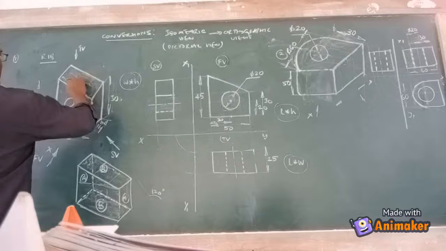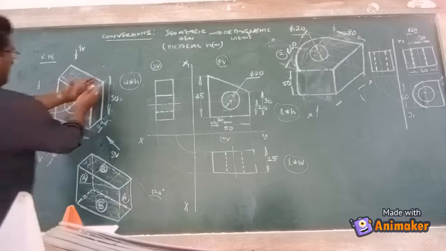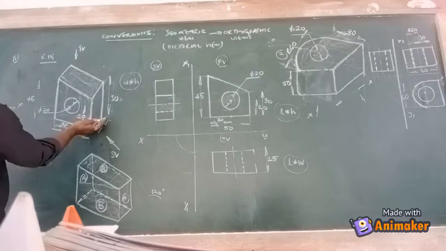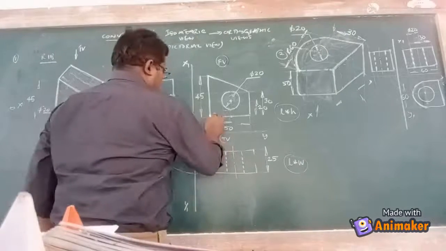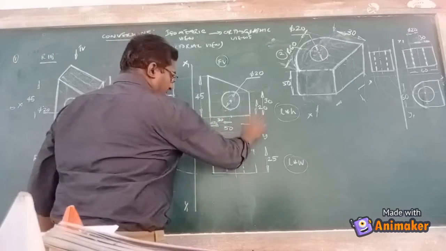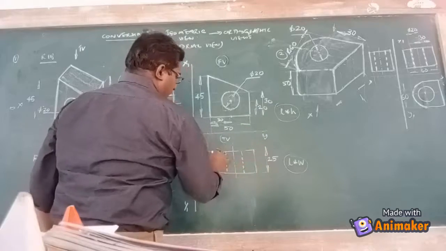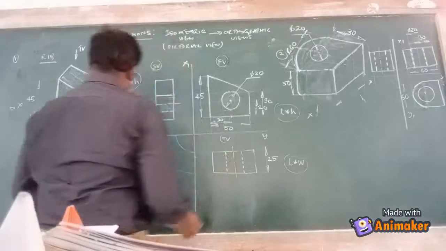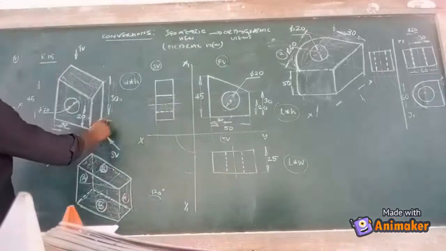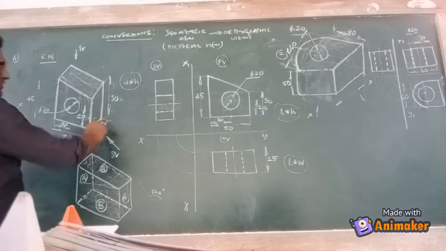projectors and we try to extend them along the surface. The surface is along the width. Okay. So we try to draw the projectors from the front view. So we can capture the same length of the object, which is 50. Now the width or thickness of the object is 25 mm.